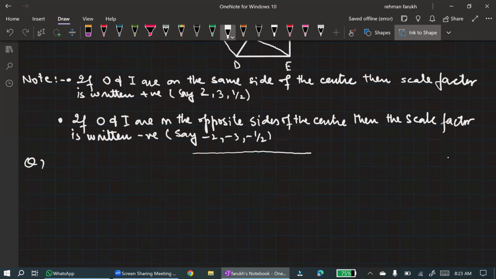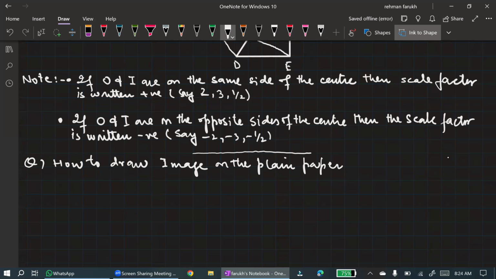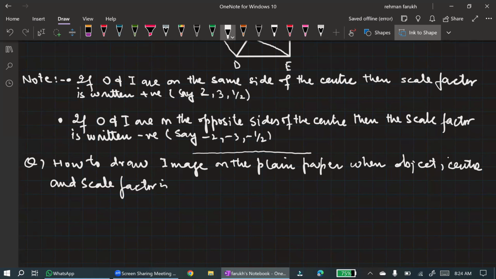The question is how to draw the image on the plain paper when the object, center and scale factor are given. This is the task.